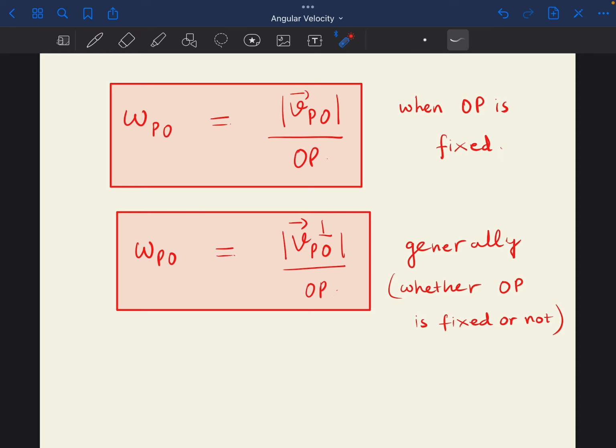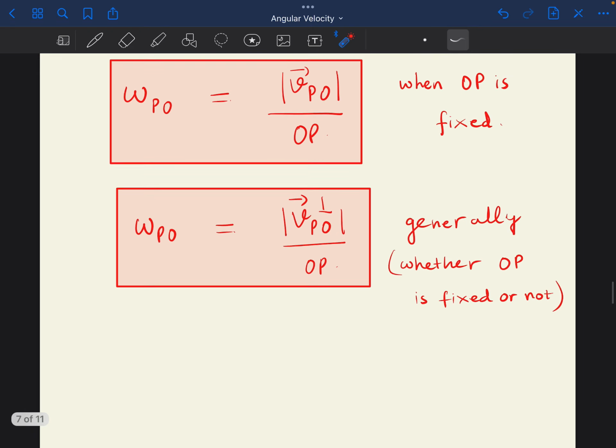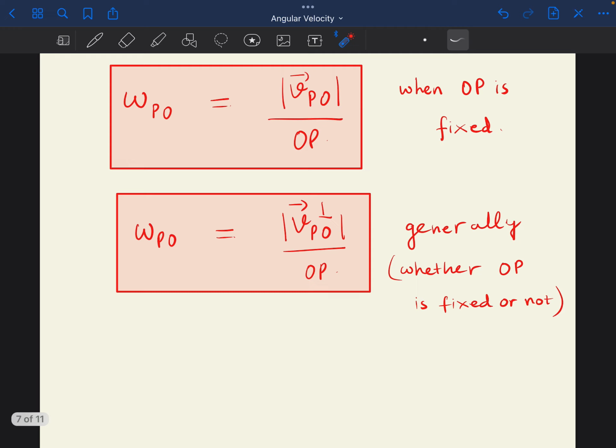So when OP is fixed, we can simply define it like this. And finally, why are we focusing on this version of the situation where OP is fixed? Because this is the most relevant case for rigid body motion. Some people might have understood already that we are hinting towards the beginning of rigid body motion when we consider the situation of 2 points moving freely, but under the constraint that the distance between them remains fixed.